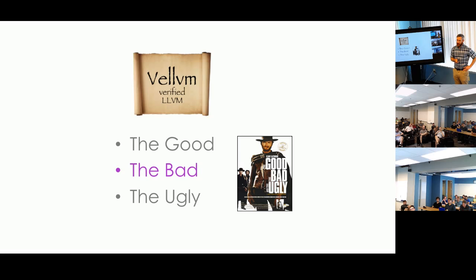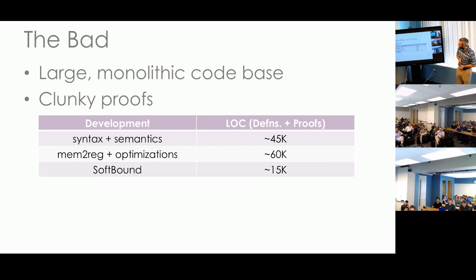As part of the DeepSpec project, we wanted to take a step back and say, where could we improve on this? So what were the bad things about all this? Well, Zhenzhou and I were both novice Coq users way back in 2012, and our proofs are incredibly clunky and horrible and not very easy to let anybody see.